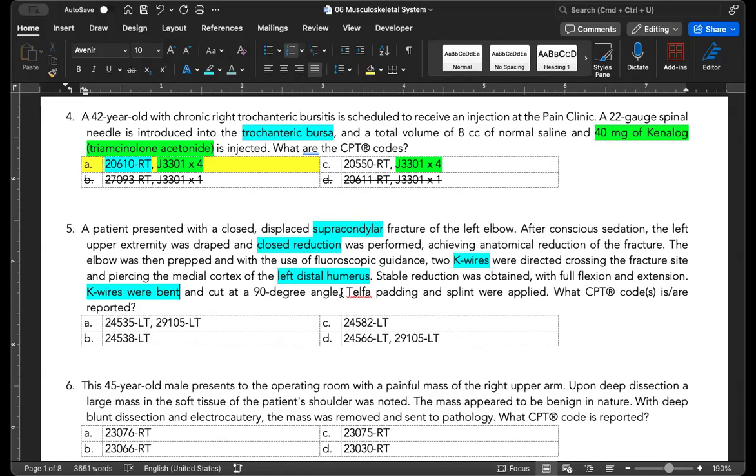And then with or without intercondylar extension, which it doesn't look like we did any, but because it says with or without, basically, if they did it, great. If not, it's okay. So at that point, our 24538 with the LT to indicate that it was on the left elbow.